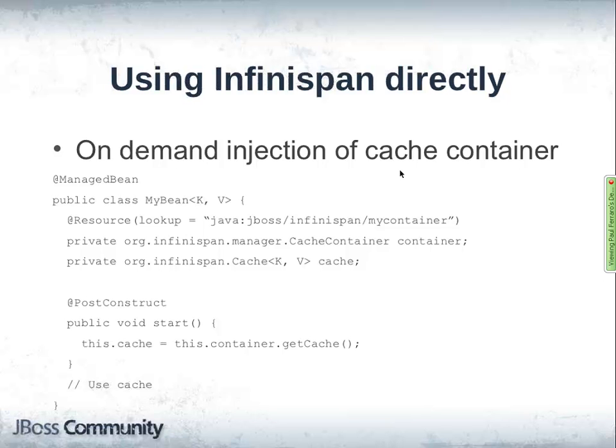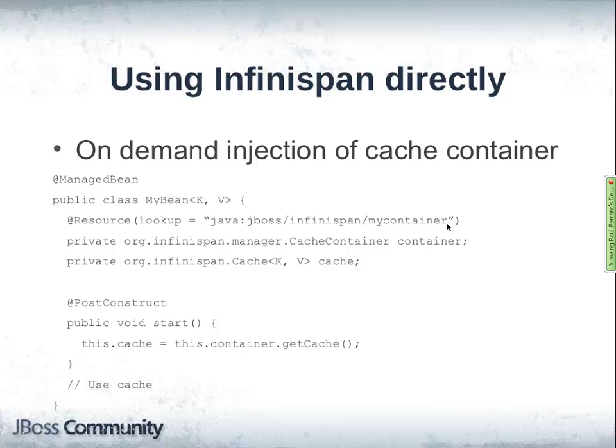If I wanted to use Infinispan directly in my application, here's an example of a managed bean using the various CDI annotations to inject a cache container into my application so that I could use it. If you see here, I've got the resource annotation, and I'm looking up a cache container.